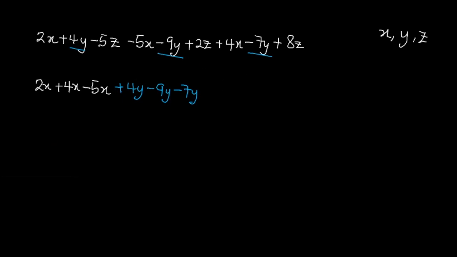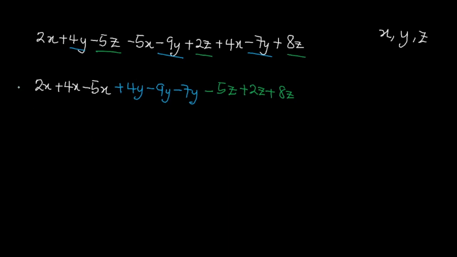So for the z component, I have negative 5z, and then I have positive 2z, then I have positive 8z over here. So I can write my negative 5z first, then plus 2z plus 8z.